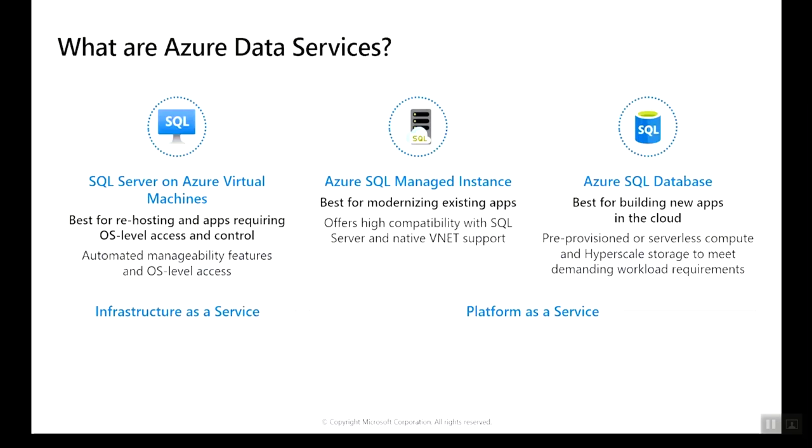Now, before we dive into the Azure Data Services a little bit more, let's just talk about some of the common terminologies that we might be using, as well as the different ways that you can host a relational database in Azure. So infrastructure as a service, or IaaS, generally describes services where Azure enables you to create a virtual infrastructure in the cloud that mirrors the way that an on-premises data center might work.